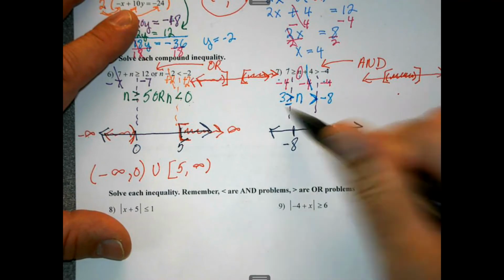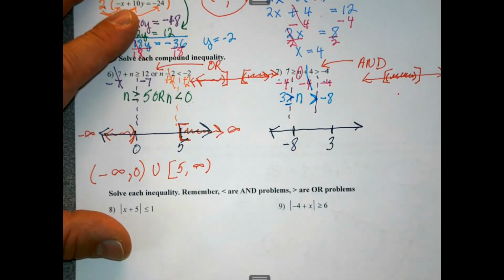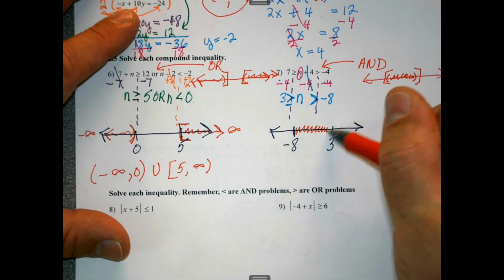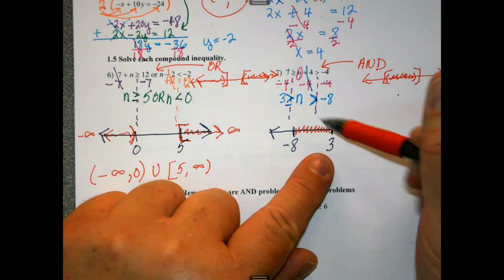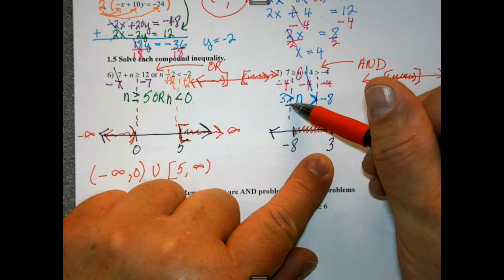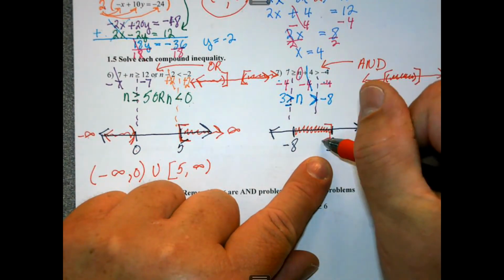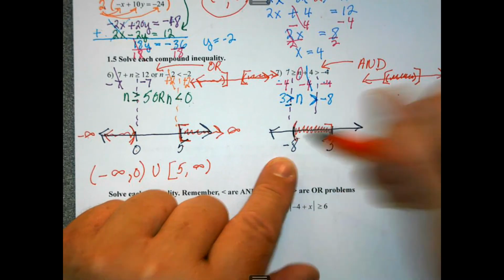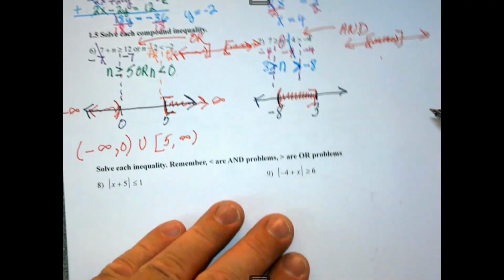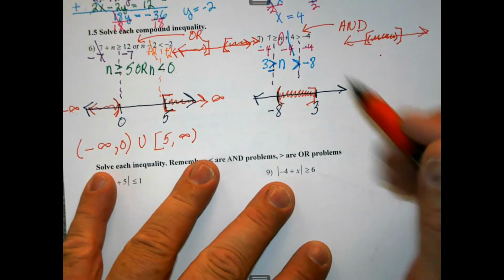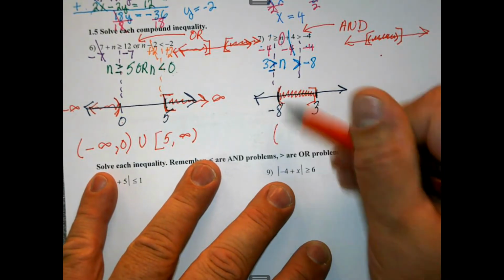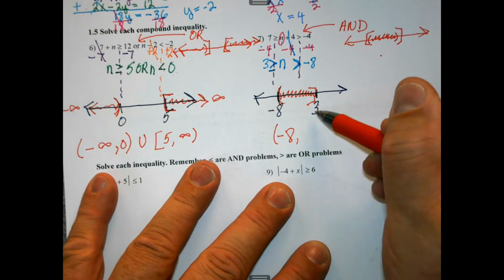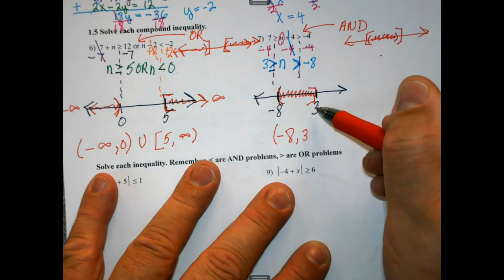The larger number is 3. I know I'm going to shade in between. Let's see, the 3 gets a bracket because of the equal sign. The negative 8 gets a parenthesis, no equal sign. Interval notation: parenthesis, negative 8, comma, 3, bracket.